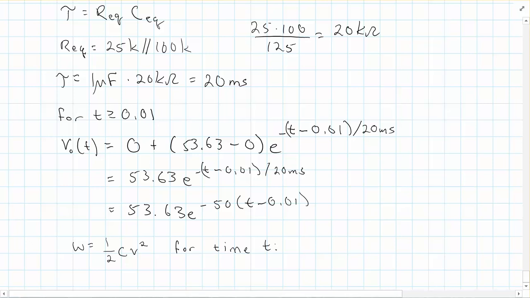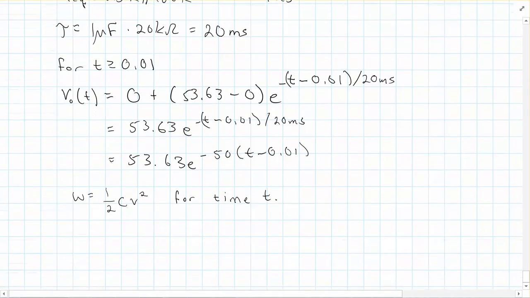In order to actually get the total power or total energy dissipated, you actually have to do an integral. So for instance, if you want to talk about the energy dissipated for the first 10 milliseconds, it would be the integral from 0 to 0.01 times the power.